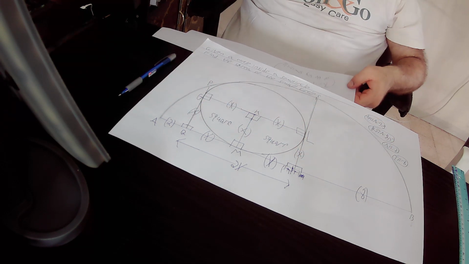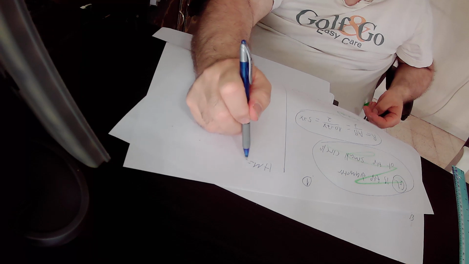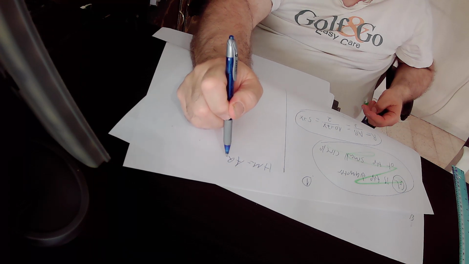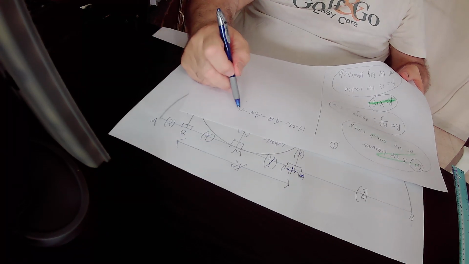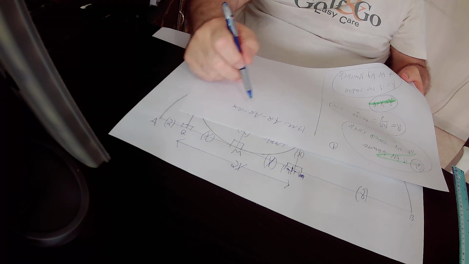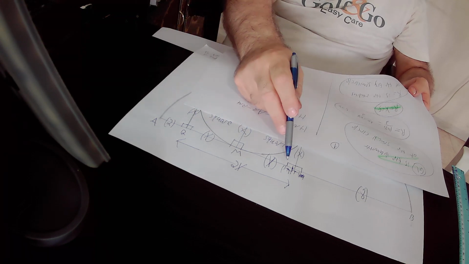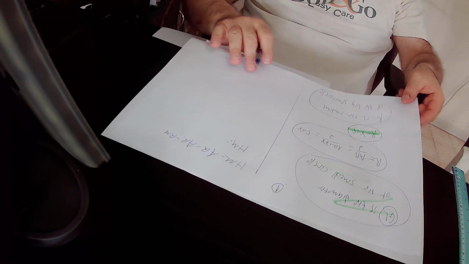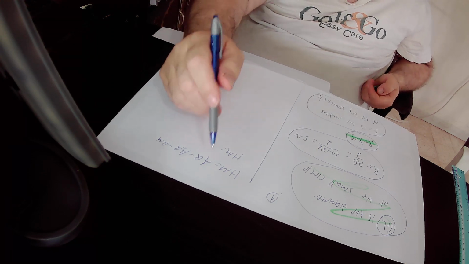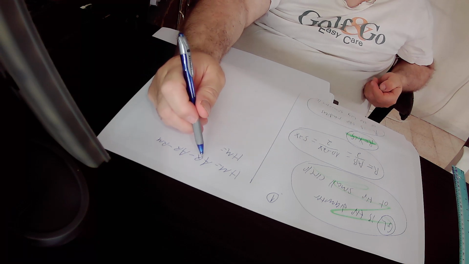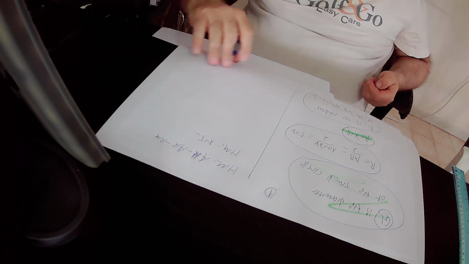So I write it down. The missing side, edge M, equals AH, the radius of the big semicircle, which is capital R, and capital R equals x plus 5, minus AQ.